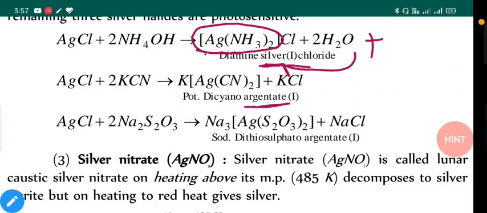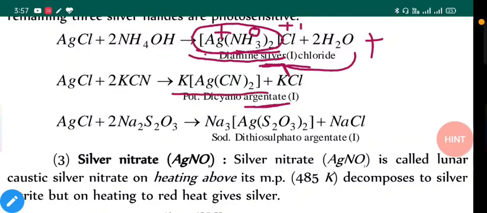Here we have [Ag(NH3)2]. If you check the oxidation state of each, silver is in +1 oxidation state, ammonia is neutral, so 2 ammonia total gives 0. That's why the overall oxidation state of this complex will be +1.